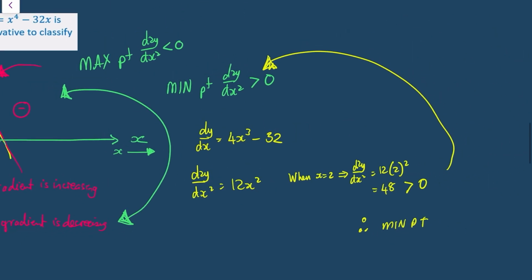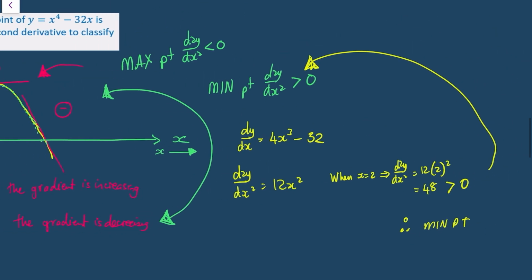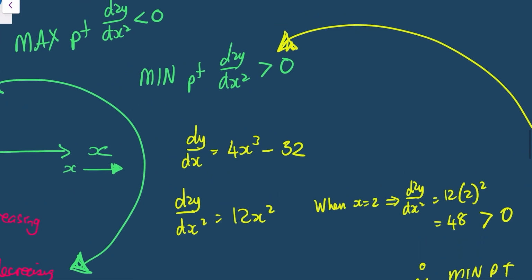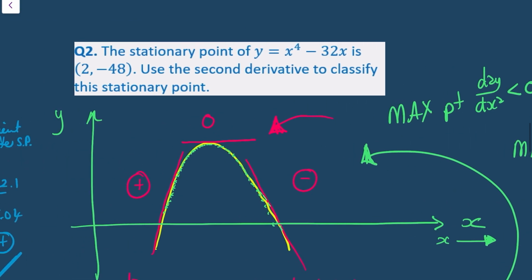Okay, so in my opinion, just using the second order derivative is simpler, it's quicker. However, it could be that we have a point of inflection.